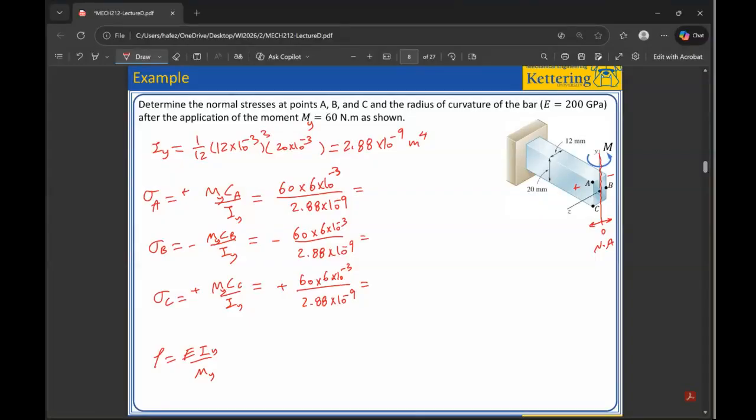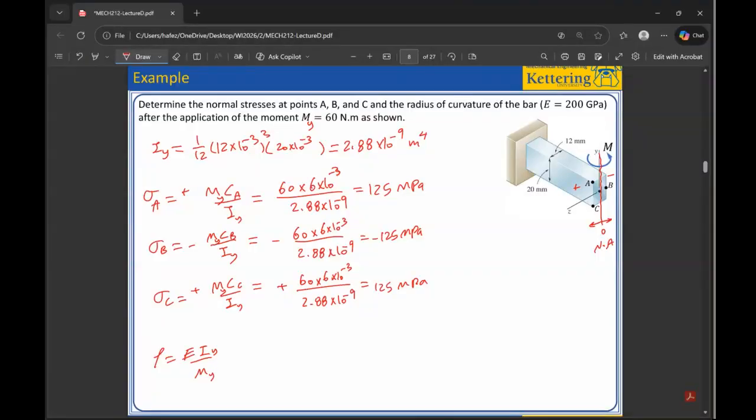So the values now are 125 megapascal. And it makes sense for A and C to have the same value. They are really the same distance away from y-axis. So they should be undergoing the same stress. And because of symmetry, B and A should be equal and opposite too.